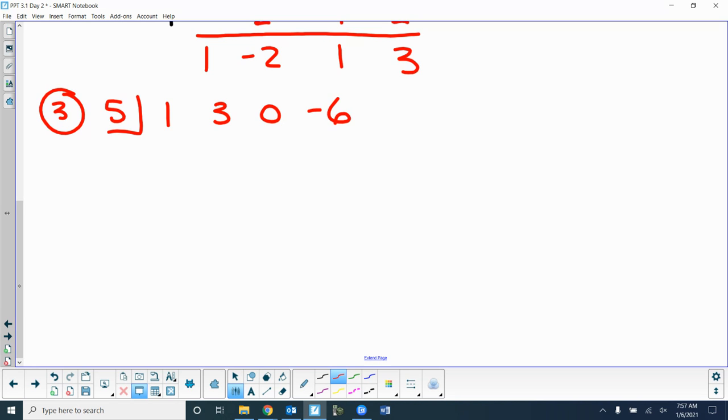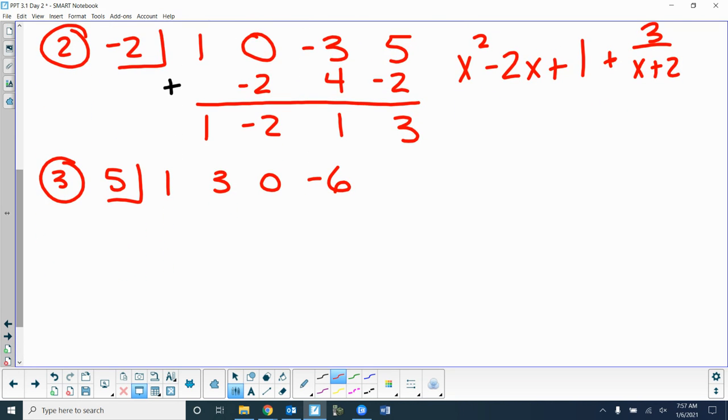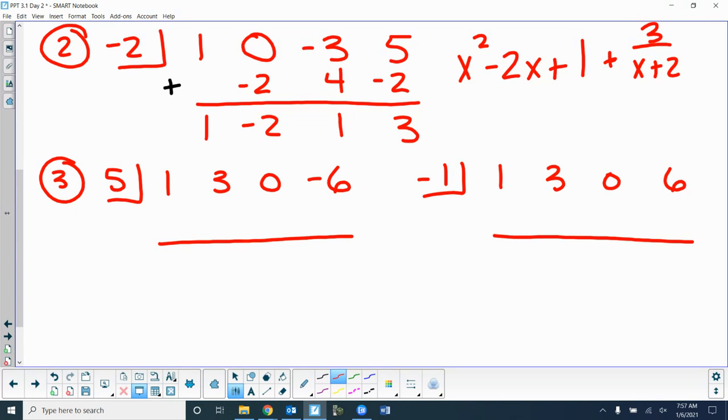And then the other one was what? -1. So the other one is -1. It's the same numbers, 1, 3, 0, -6. And then my answer is just that number at the end where my remainder would be. Okay? I don't have to write out the long answer like we do when it's division.